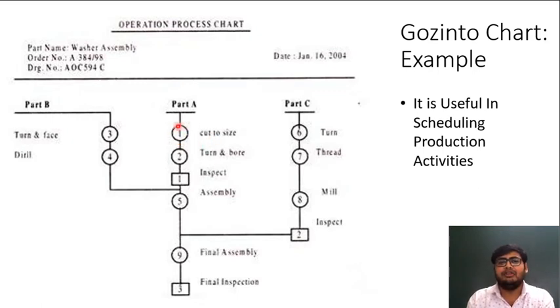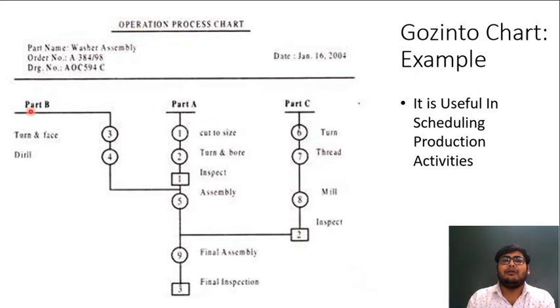Now this circular operation, instead of representing any part, represents a process. The first process is to cut to size. Then another process is turn and bore. After cutting and turning, we will inspect. And once the inspection is finished, we will have part A.